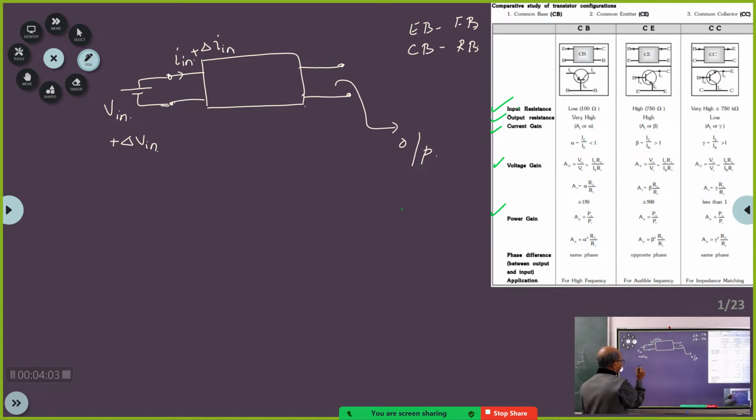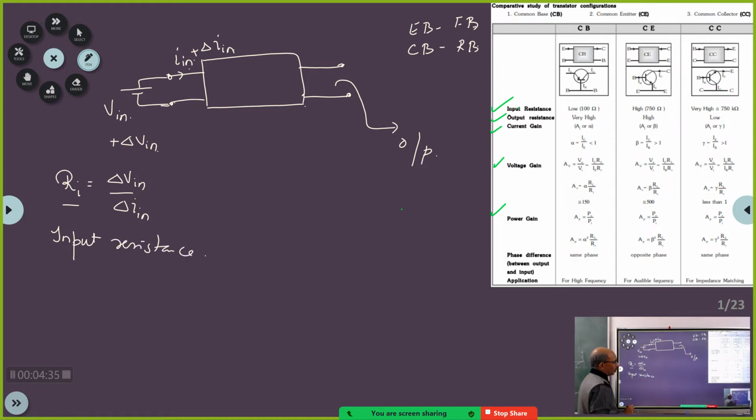The input impedance, I will denote it by R. Input impedance is delta Vin upon delta I. You change the input by delta Vin, observe the change in the current, and divide. You get a quantity that we interpret as input resistance.